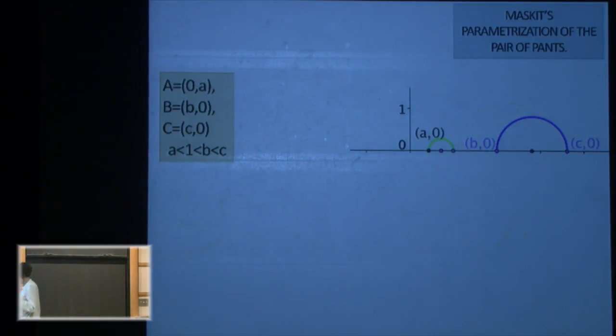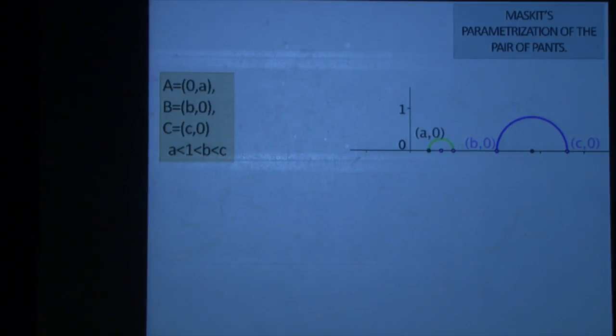Somebody said yesterday, maybe Amy, or Sarah, that one way to do it is you start making pairs of pants. I said yesterday, if you remember, the pair of pants is this sphere with 3 holes, and the lengths of the 3 holes determine the whole metric. It can be any triple of positive real numbers.